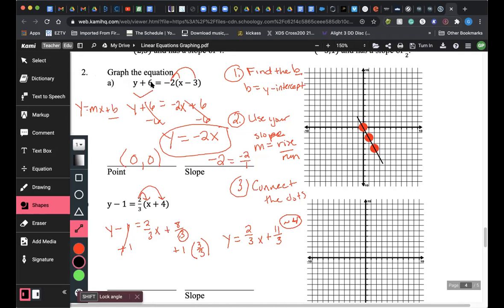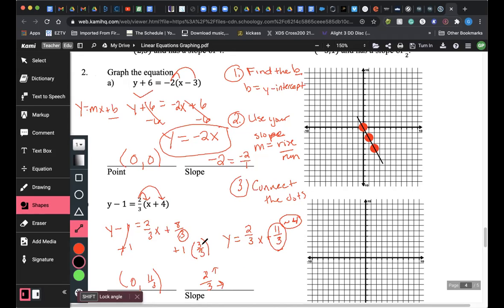All right, so I have to use my b. I actually have a b now, right? My b is 11/3. So I have to try to find something as close to 11/3 for my first point. And then my slope is going to be 2/3. So I'm going to go up by 2 and then to the right by 3.